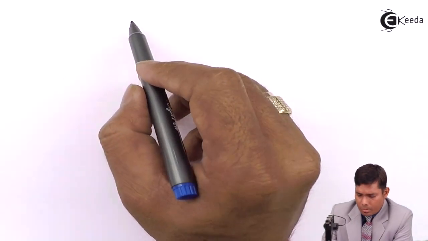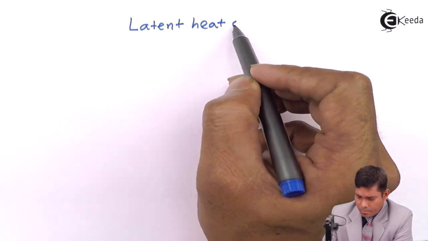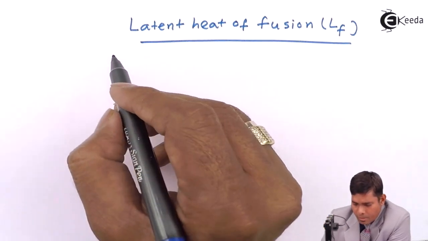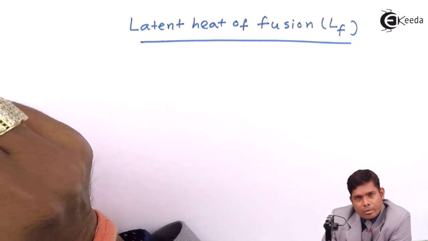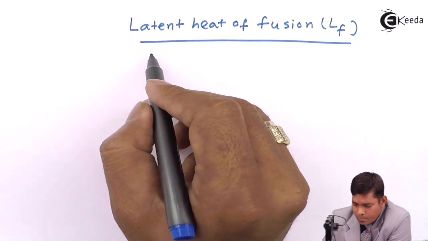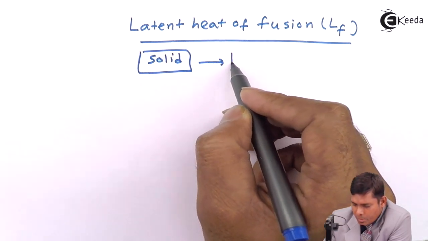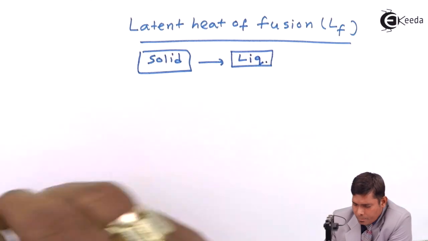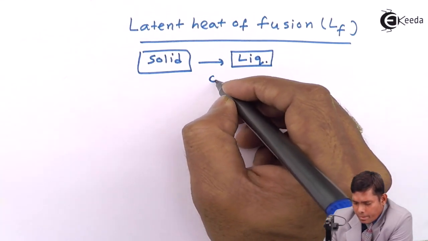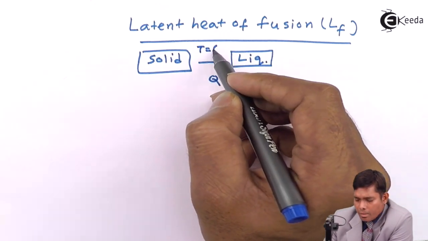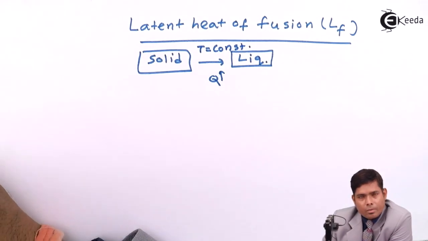Now we'll define latent heat of fusion. Basically, we take unit mass of a solid and convert it into liquid. Heat is required to do so, and temperature will remain constant.